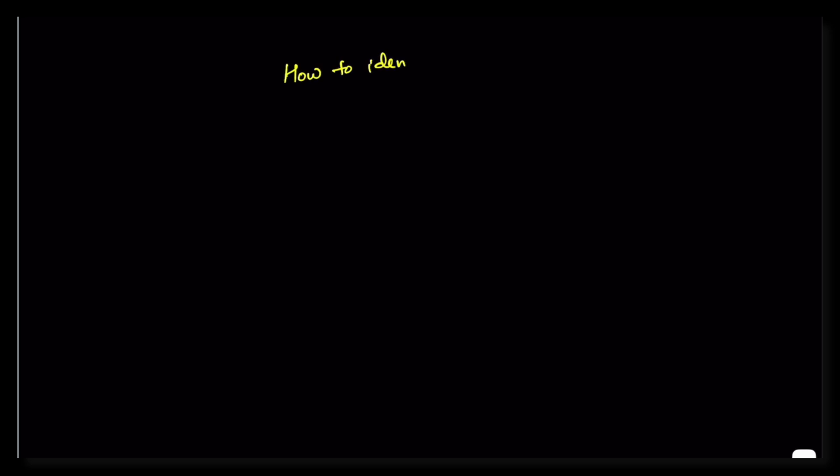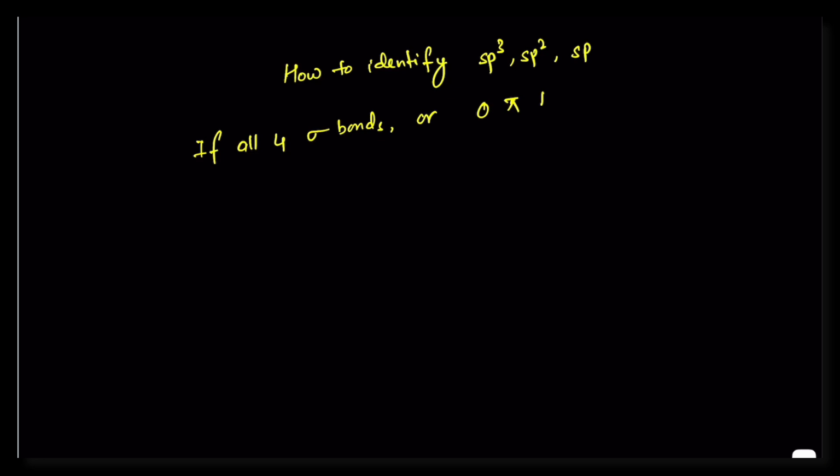So let's move to the main part of this video, which is how to identify the sp, sp3 and sp2 hybrid carbons. All 4 sigma bonds, or other way to see it is 0 pi bond, then the hybridization is sp3.